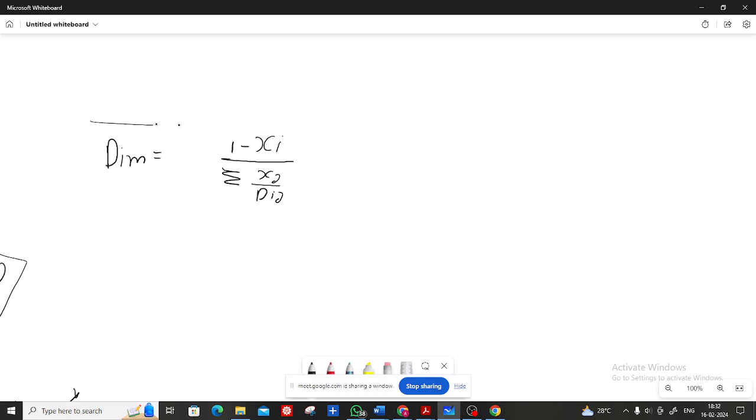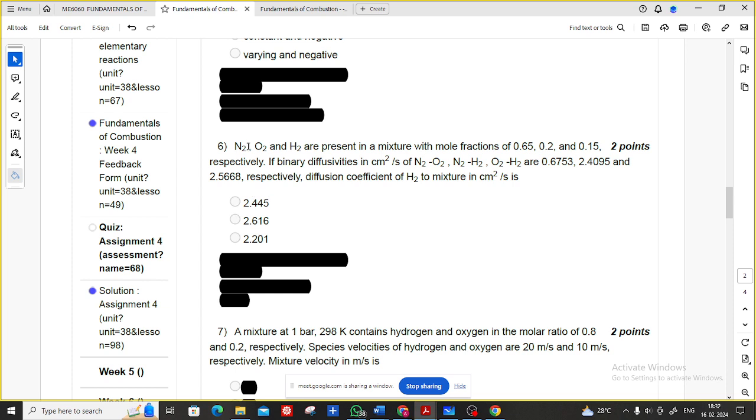Can anyone calculate the diffusion coefficient? I will show the question. You write this formula and I will show the question. This is the question. So now you try to calculate the diffusion coefficient.